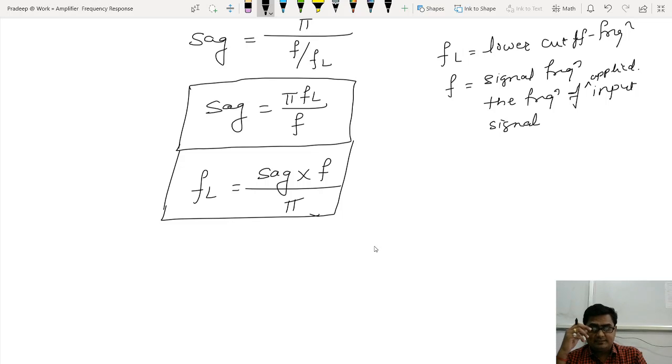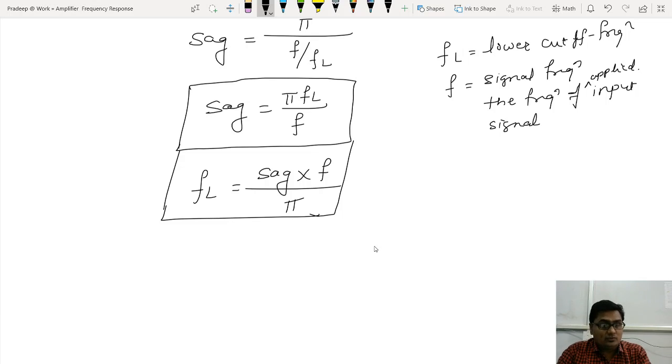Now what do you mean by that? A sag is present in the output. It means there is a problem with the transmitter's lower cutoff frequency or the amplifier's lower cutoff frequency. And I said it's not a problem as such, it's a practical behavior of an amplifier. So when you get the sag or the tilt, a reduction in the output voltage, obviously it is at lower frequency.